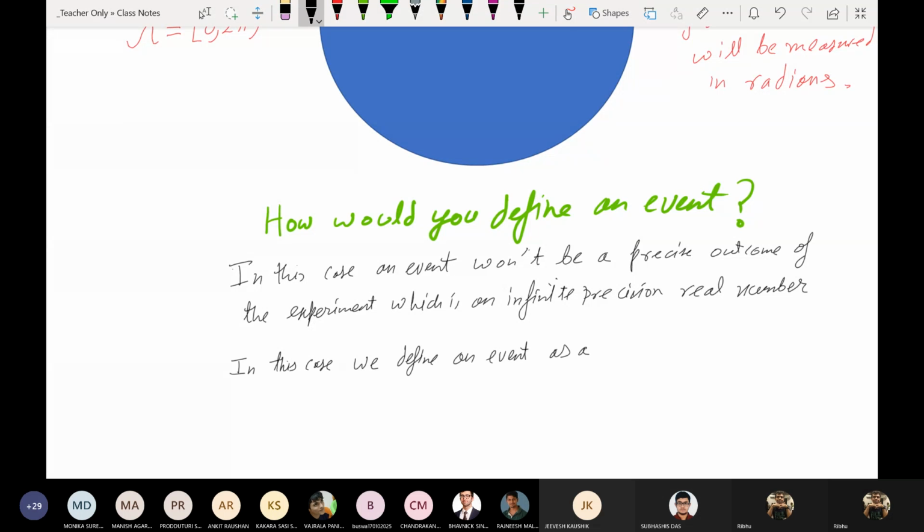Sir, here also it's not just that a single precise value would be problematic. For example, if we try to find a set within 0 to pi by 2 only involving rational numbers, then also we should get a zero probability. Yeah, we'll come to that. Wait a minute.